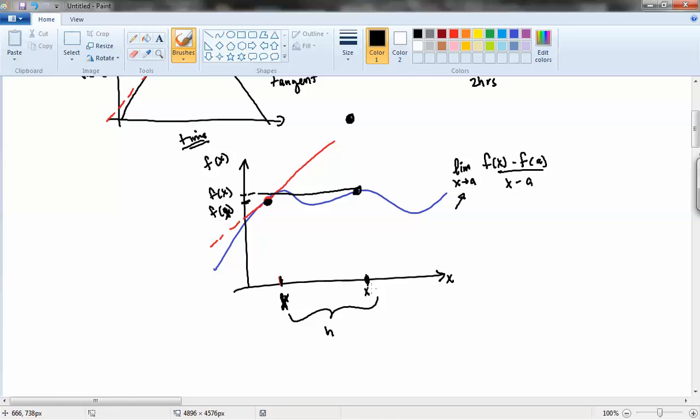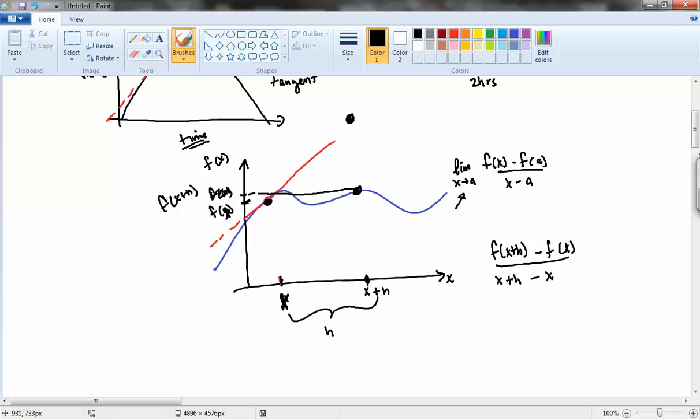So this second point is no longer sitting at x because that first point is sitting at x. This guy is sitting at x plus h. So his height is f of x plus h. Okay, well, the definition of slope is f of x plus h, the height of the second point, minus f of x, the height of the first point, divided by x plus h minus x.